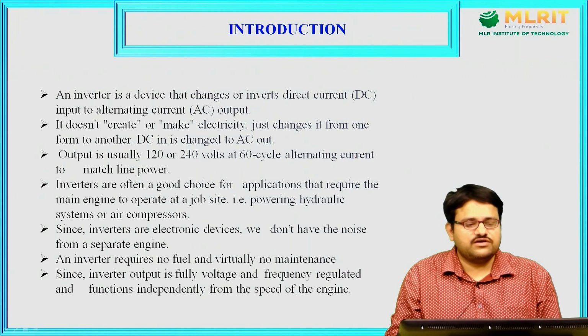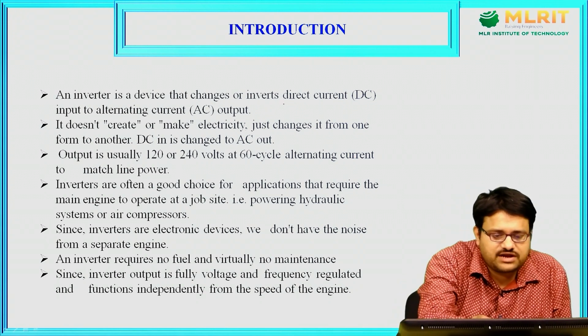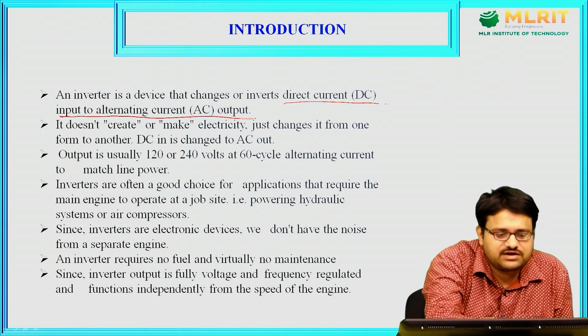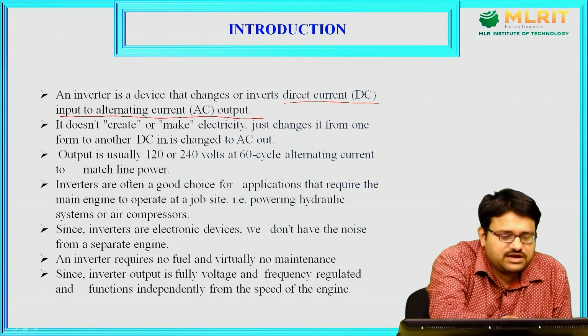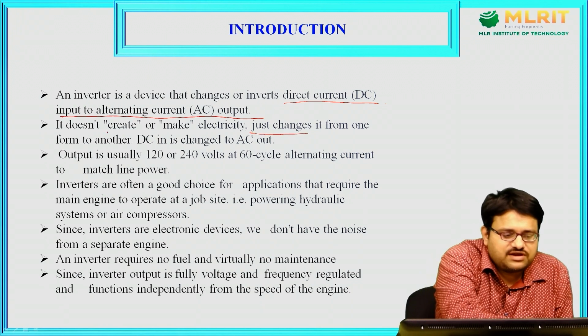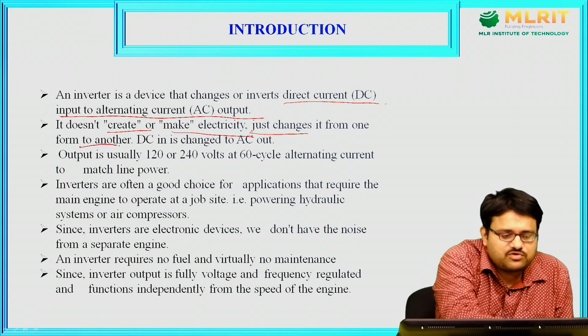So introduction. An inverter is a device that changes or inverts direct current DC input to alternating current output. It does not create or make electricity, it just changes it from one form to another.